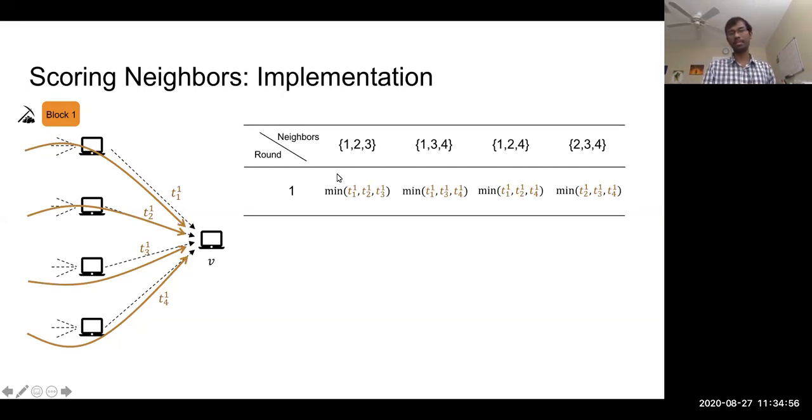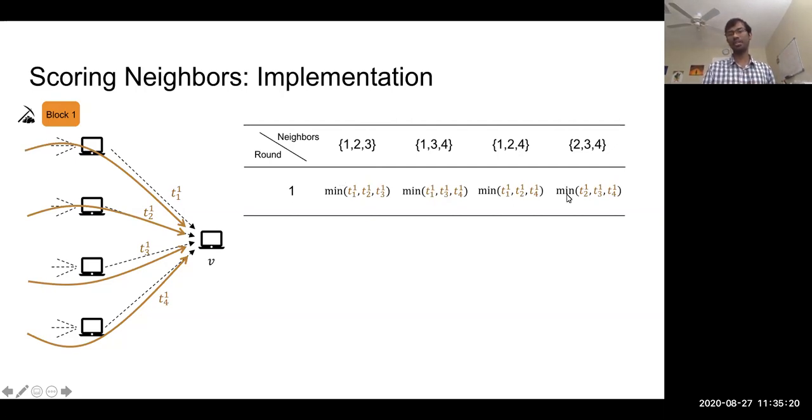So for example, if I look at neighbors 1, 2, and 3, the first time that we received this block from this group of nodes as a whole is simply the min of these 3 timestamps. Okay, so T1, T2, and T3, the minimum of these 3 quantities is the first time that we received the block from this group of neighbors.